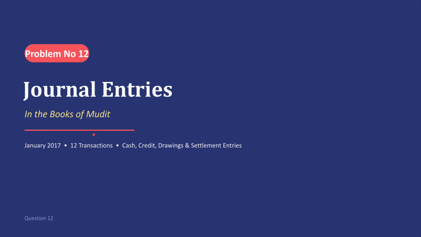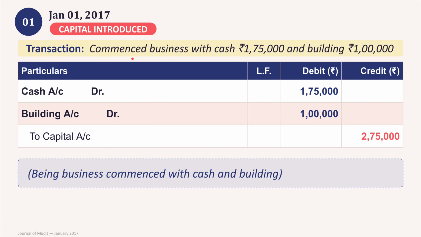Now, problem number 12, the first transaction is happening on Jan 1st, 2017. Commenced business with cash 1,75,000 and building 1 lakh. So far we have seen they usually commence a business only with cash, but here they are bringing in a building also as capital. Okay. So both are assets.